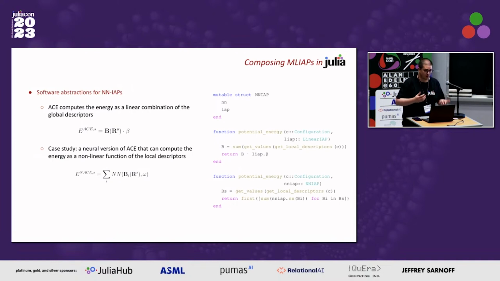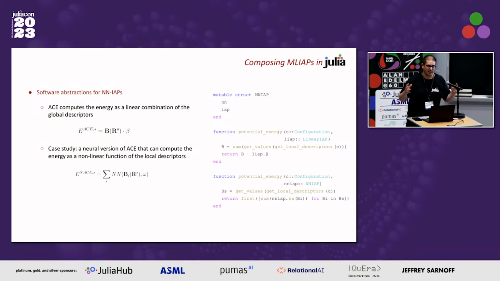Among the software abstractions that we are developing, we are trying to develop interfaces that simplify this process of composing classical descriptors like the ones of the atomic cluster expansion with novel nonlinear formulations, from feed-forward neural networks, very simple things, to more complex ones like graph neural networks.